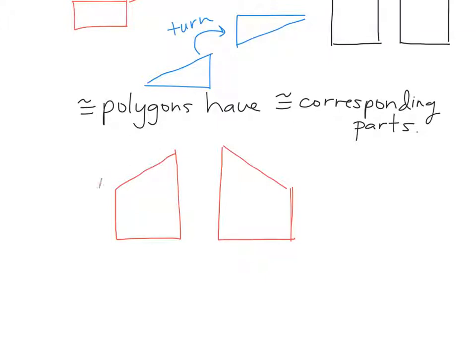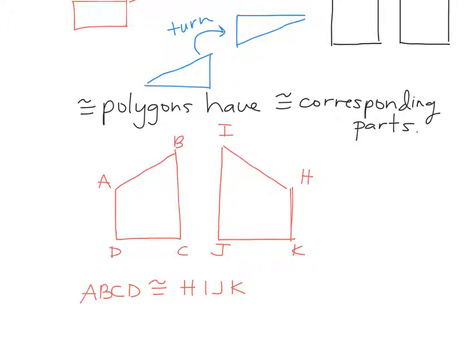So if this is A, B, C, and D, and this is H, I, J, and K, okay? If I tell you that figure ABCD is congruent to HIJK, that means everything about them that matches up is the same.